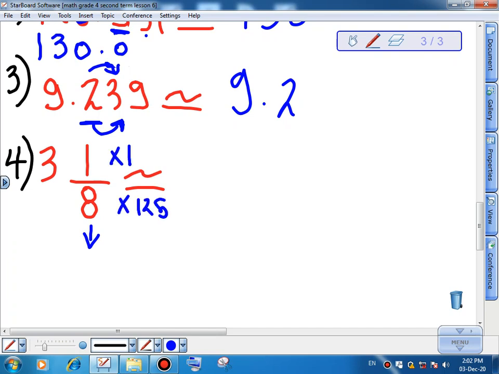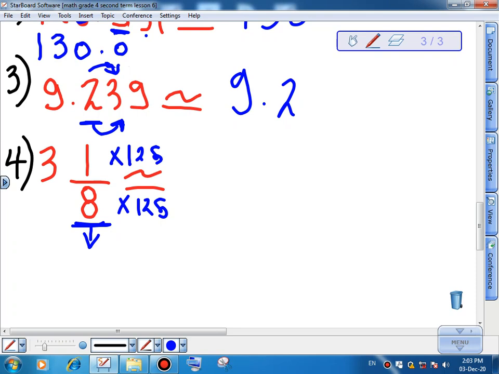Remember? Why do I transform this? Because I need to look at the tenth, and after the tenth is the hundredth. If the hundredth is weak, we will do nothing. If the hundredth is strong, we will add 1 to the tenth. But here I have neither tenths nor hundredths, so I need to transform. It's very important. I need to transform this fraction to be a decimal.